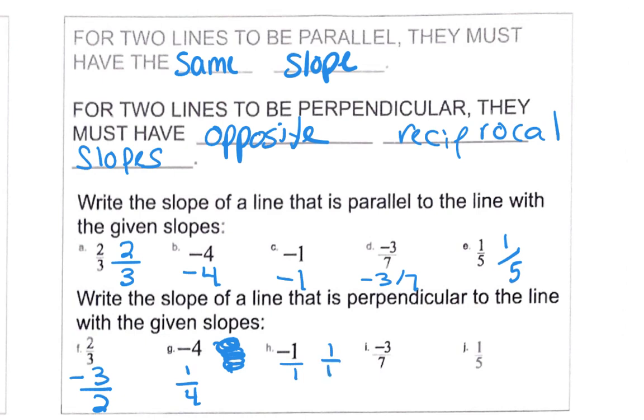And it has to be positive, so we end up with +1 as our slope. Now when you flip -3/7, it's going to be 7/3, but we need an opposite sign, so we should have a slope of +7/3. And then 1/5 flipped is -5, right? Got it. Again, they have to be opposite signs.